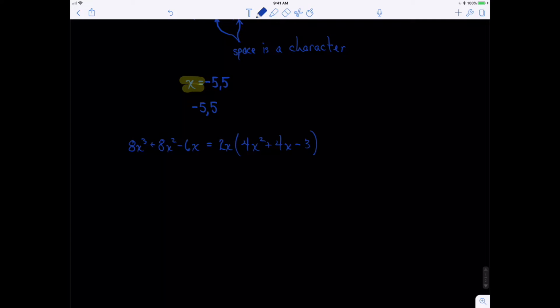And just for the practice and illustration here, if we were to play the game on this, I would do 4 times a negative 3 for a negative 12, and a 4 in the bottom position. And it looks like if we use a positive 6 and a negative 2, we can get that.